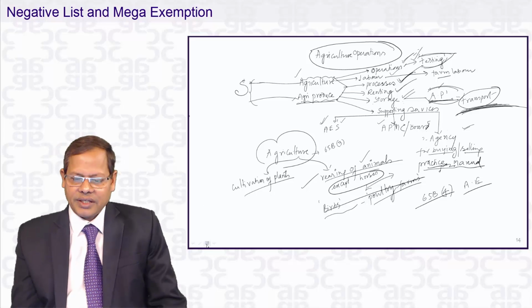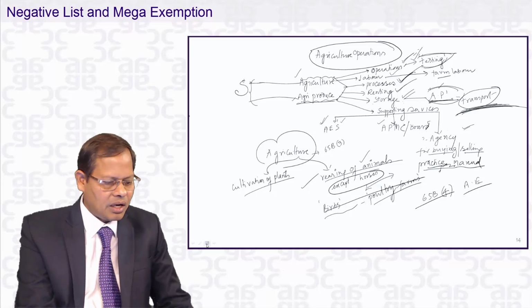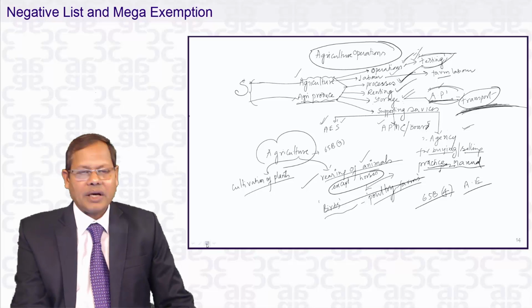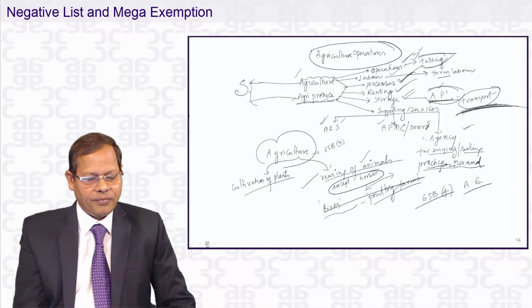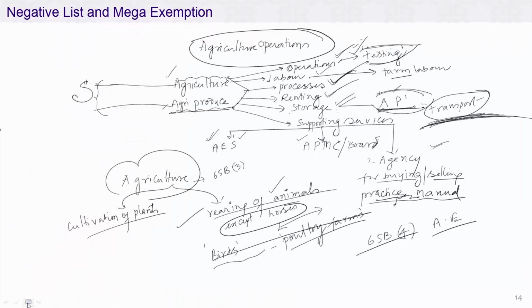So these agriculture extension services, giving knowledge or giving training to farmers, are covered under the negative list. And APMC or board, Agriculture Produce Marketing Committee or board, has also been defined under clause 6.